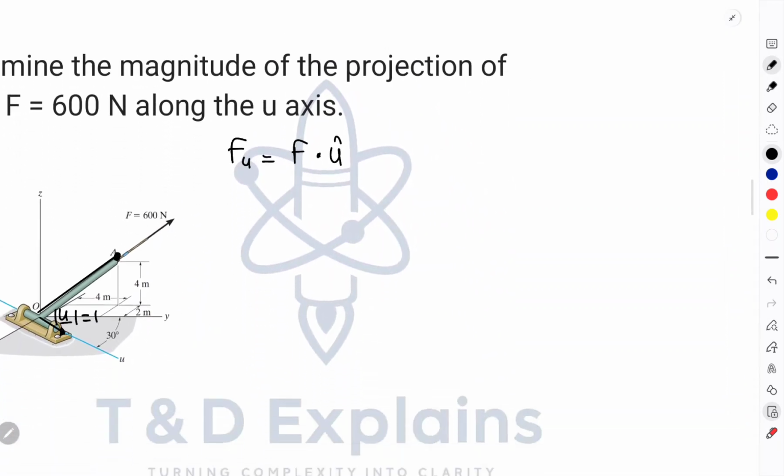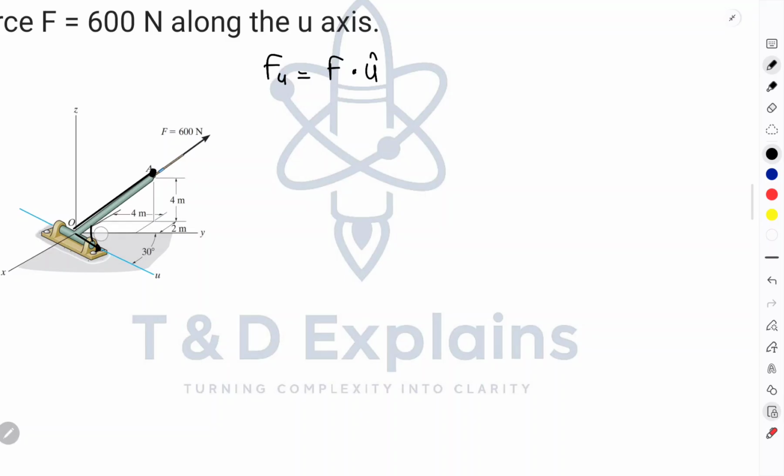Just remember that the magnitude of this vector U is going to be equal to 1. Keep in mind, now I need to find the direction vector from O to A. In other words, I need to find the unit vector in the direction of OA.